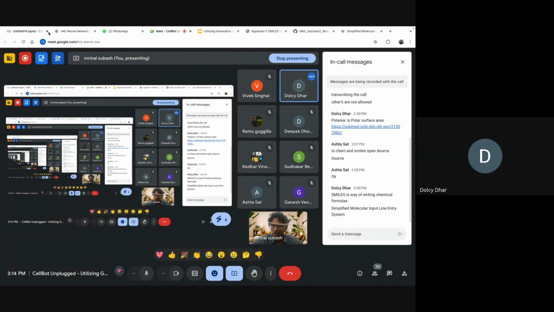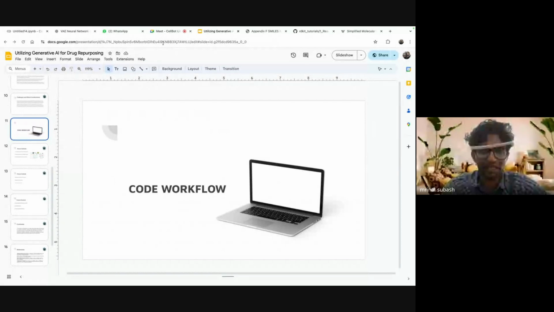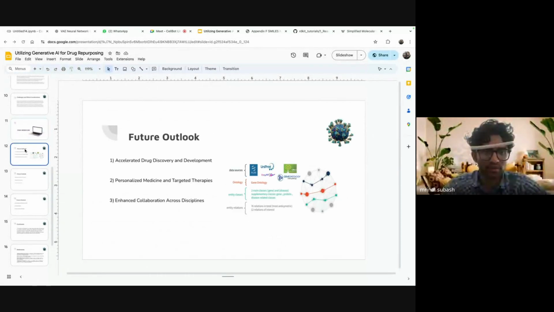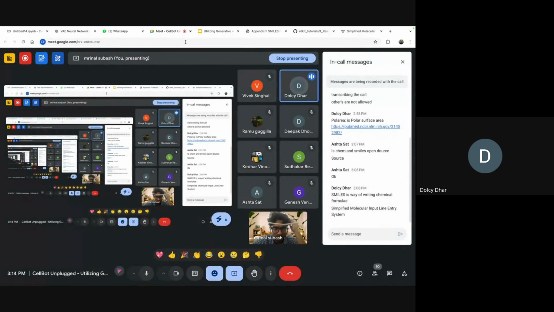Okay, great. All right. Any other questions? Sorry, I went too deep into that. No worries, that's the whole purpose. We are trying to model things that would help us use generative AI in drug discovery, in healthcare and pharmaceuticals.